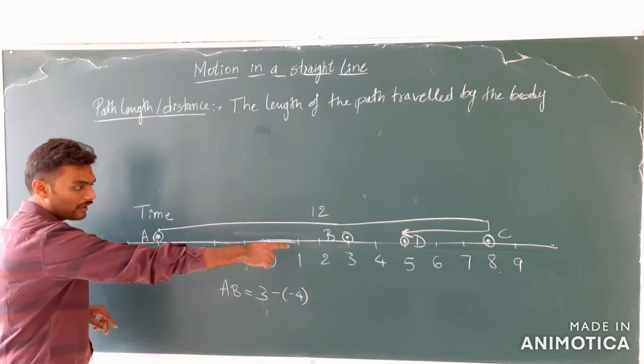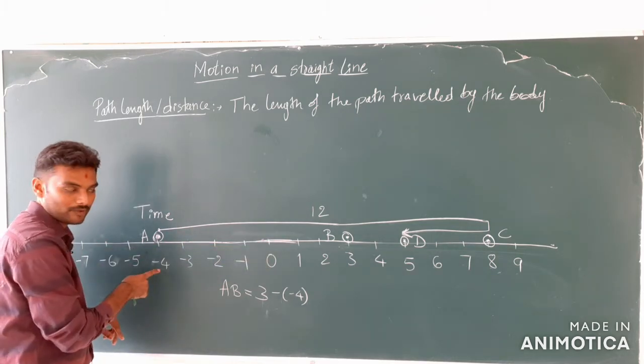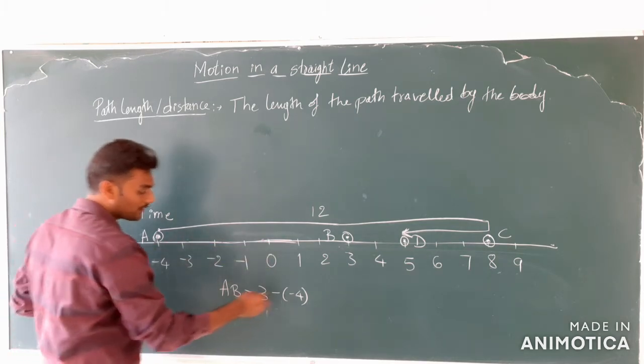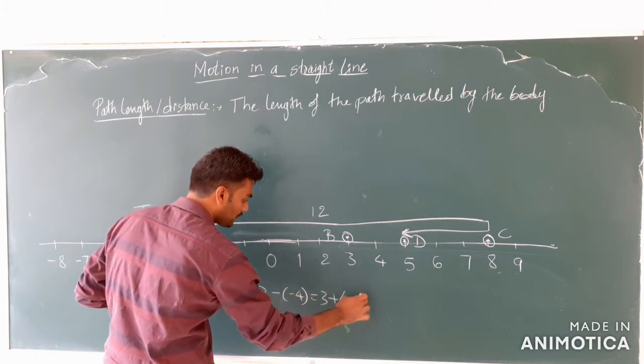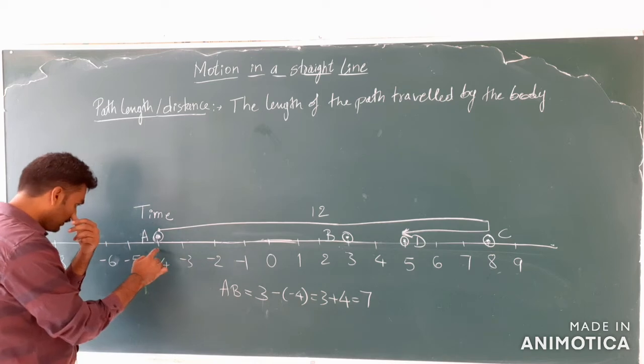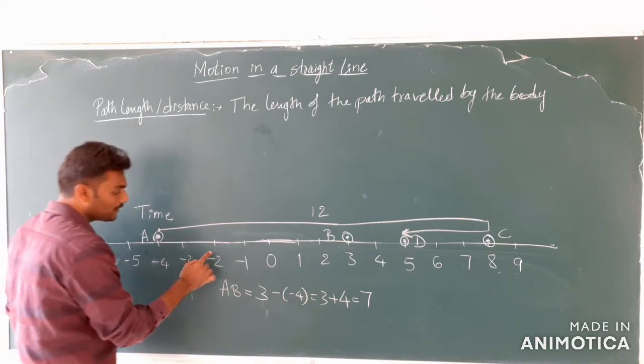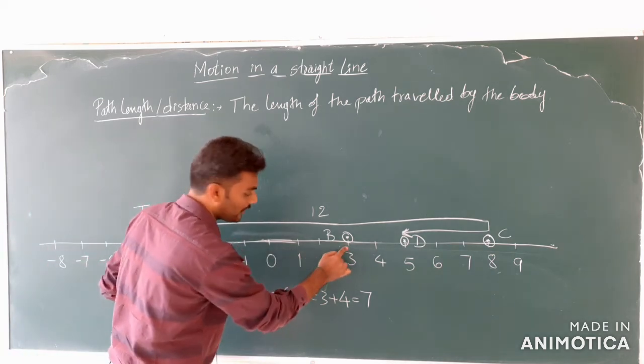Final position minus initial position, or you can even count. It becomes 3 minus minus 4, which is plus 4, equal to 7. If I start counting from this position, it is 1, 2, 3, 4, 5, 6, 7. Yes, it is right.